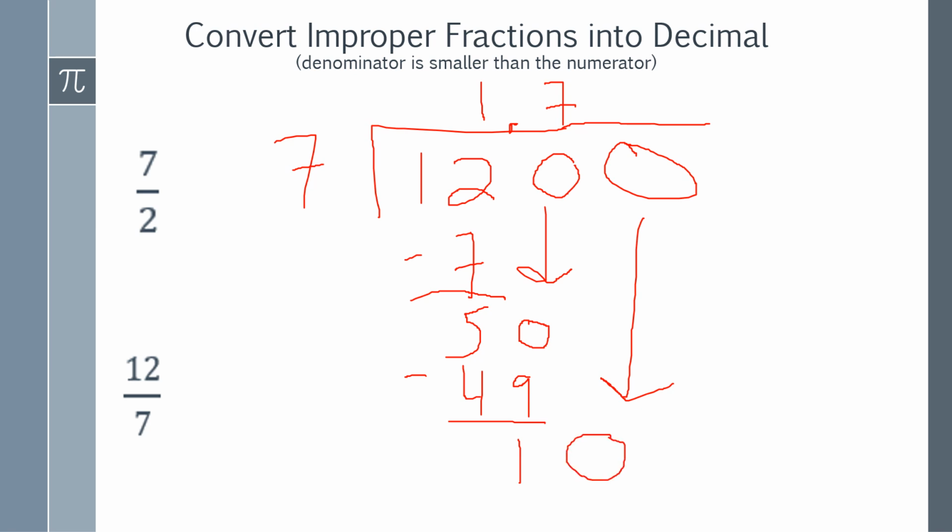And 7 goes into 10 one time. And you just put your 7 down here. You can do your subtraction. You can keep going on, and that'll equal 3. So 12 over 7 is equal to 1.71.